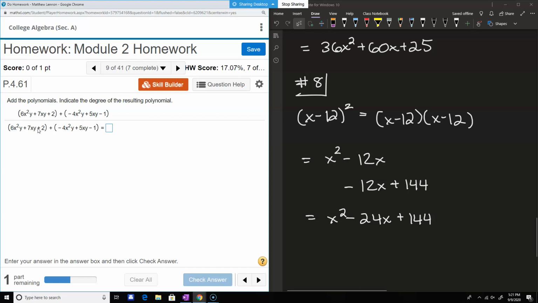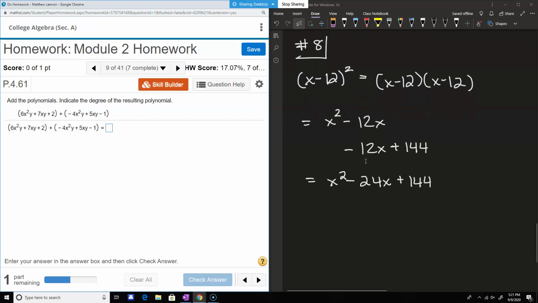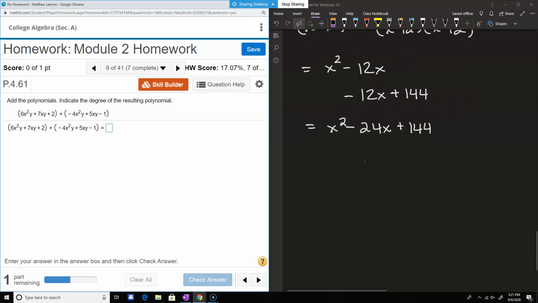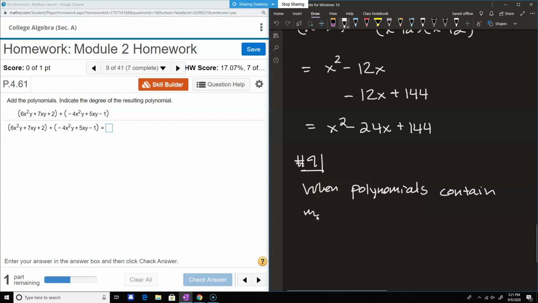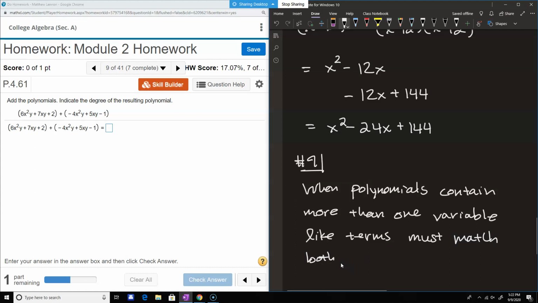Okay, so here's one where I'm talking about the degree of polynomials with multiple variables like this. So number 9 here. When polynomials contain more than one variable, like terms must match both variables and their powers.